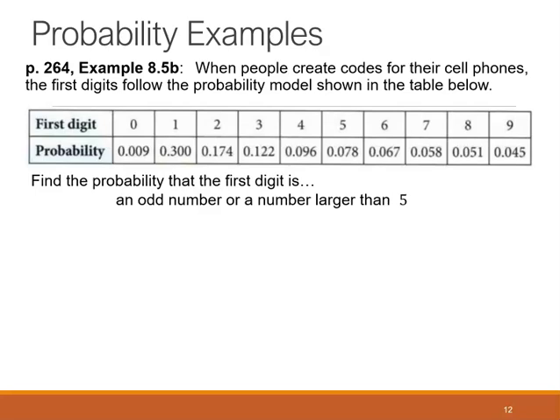So how do we do this then? We can't just add up the probability of B and C, right? We're going to have to do it by hand. So which outcomes are in this set? Odd or larger than 5? 1, 3, 5, 6, 7, 8, and 9.